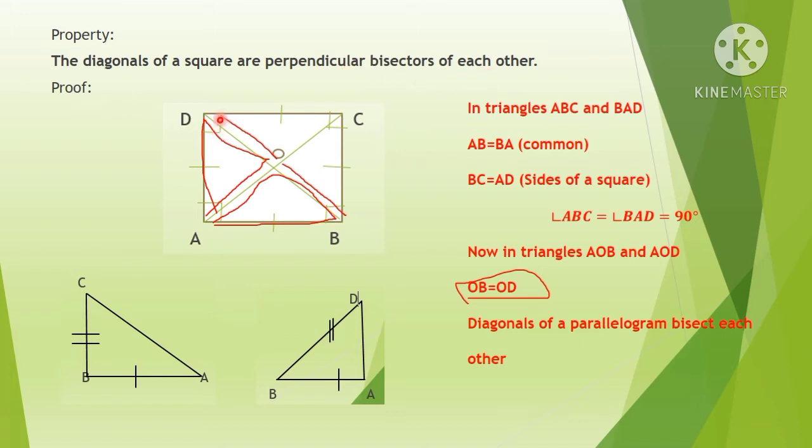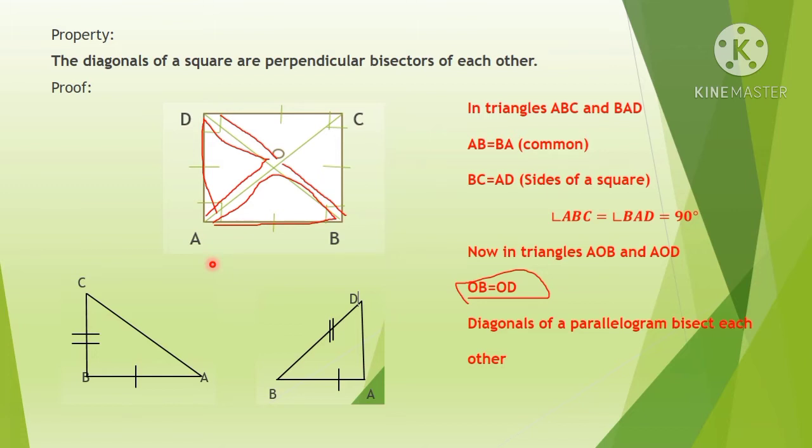So draw a square and just draw the diagonals. Here what are the diagonals, children? AC is a diagonal and BD is a diagonal. They bisect at the point O. The interior angles are 90 degrees. After drawing these diagonals, we got triangles.